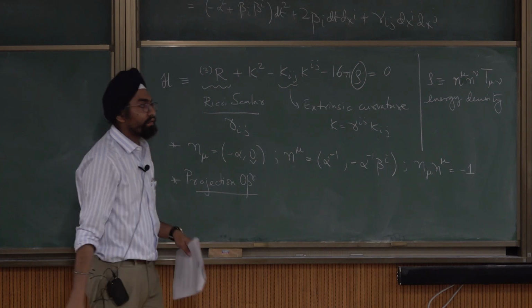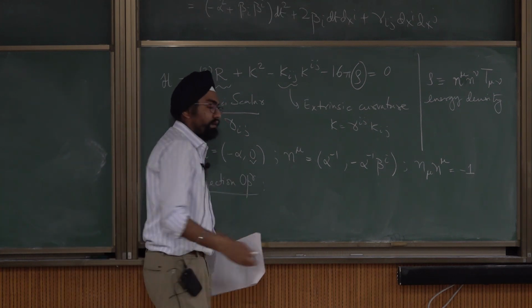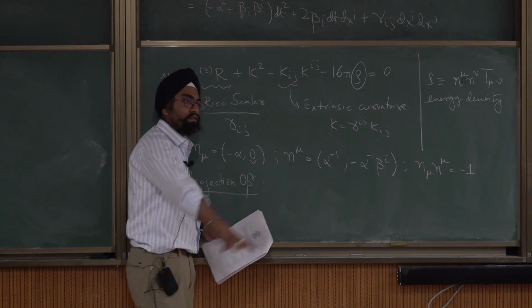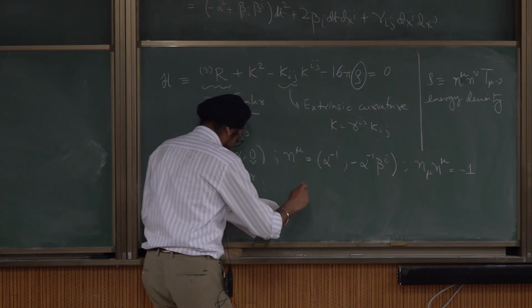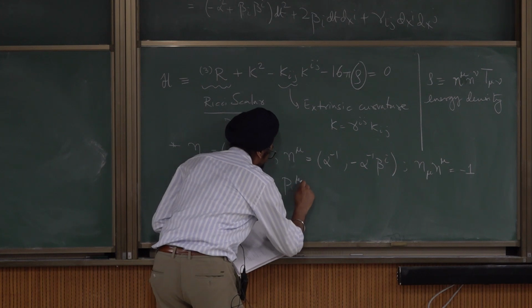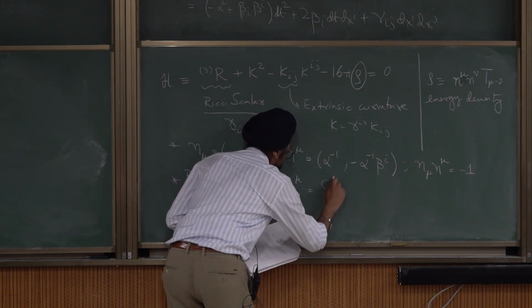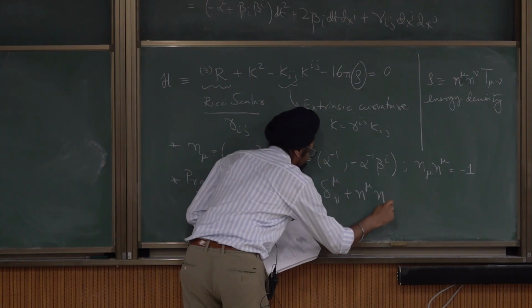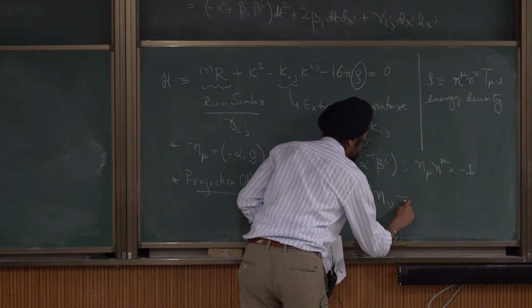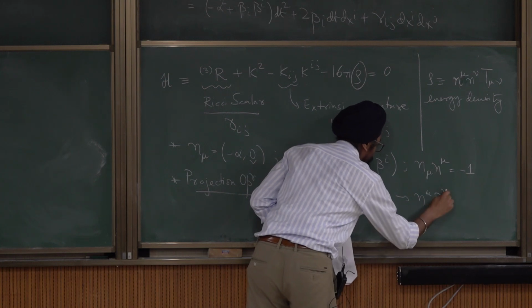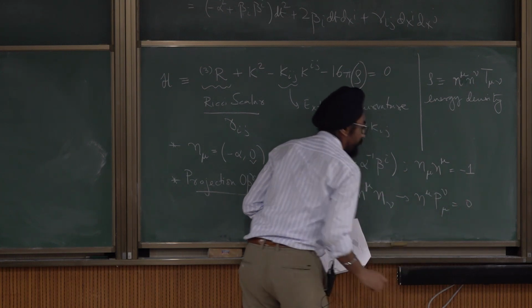If you take any tensor and dot it with this projection operator, that will give you that tensor on the surface. This projection operator is simply P_μν = g_μν + n_μ n_ν, and you can of course show that n^μ P_μν is 0.